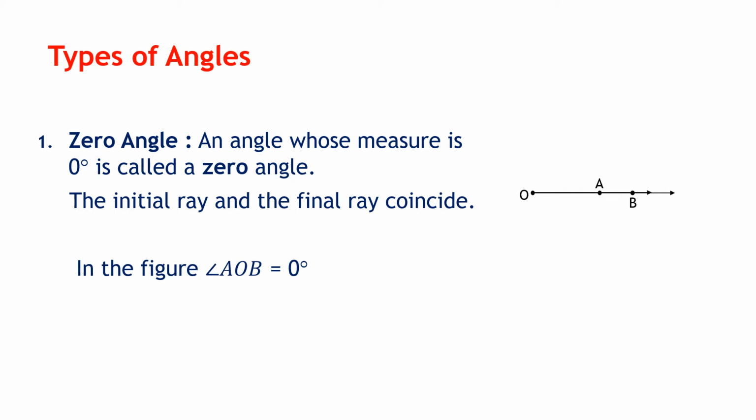If you have two rays, ray OA and ray OB, and both rays coincide with each other, they have hardly moved from their original position. Such an angle is called a zero angle.